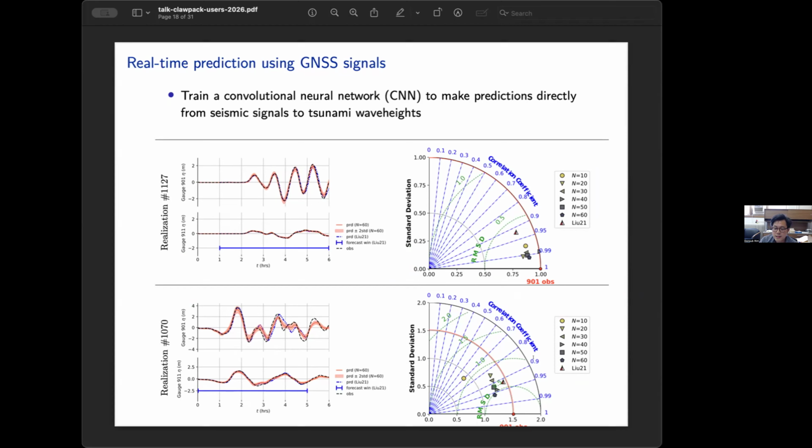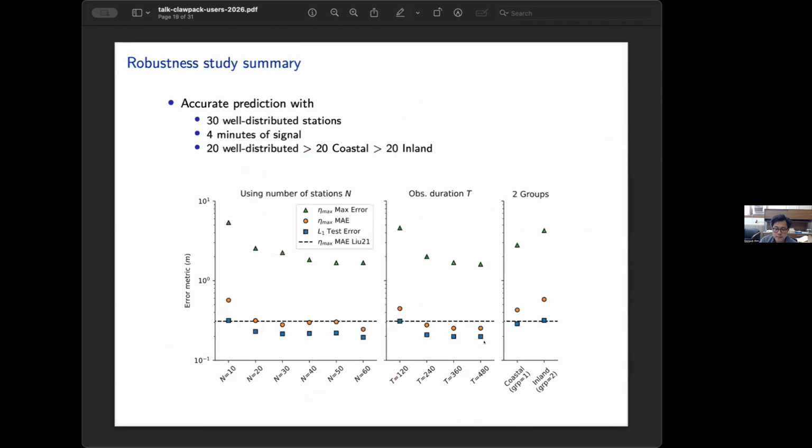And on the right, this is a Taylor diagram, and the closer to the red point, the better you do. And as you see, as you increase the number of stations that we used, you do a better job of prediction, which is what you sort of expect. And to quickly go over this diagram, we realized that if you use 20 well-distributed GNSS station measurements, you could do a very good prediction. It's sort of the summary.